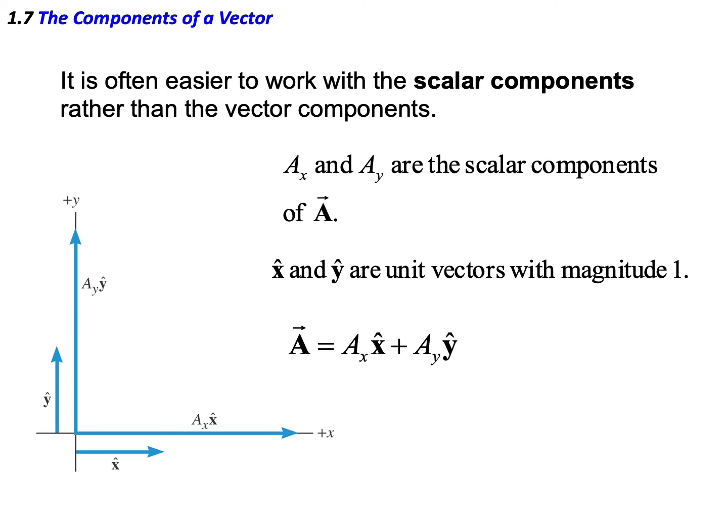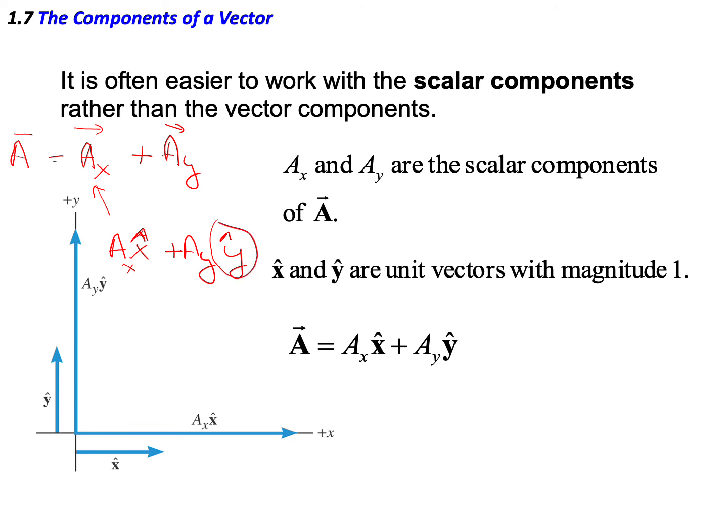In the previous page, we wrote vector A as vector AX plus vector AY, along x and y. So instead of writing AX, I can write the magnitude of AX multiplied by a unit vector along the x direction, plus the magnitude of AY times the unit vector along the y direction.